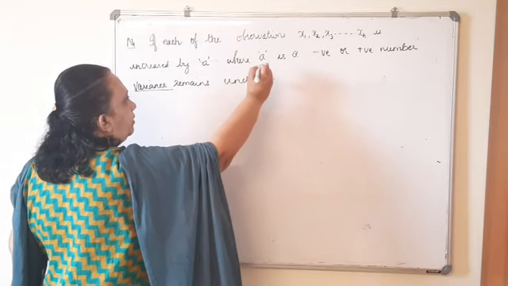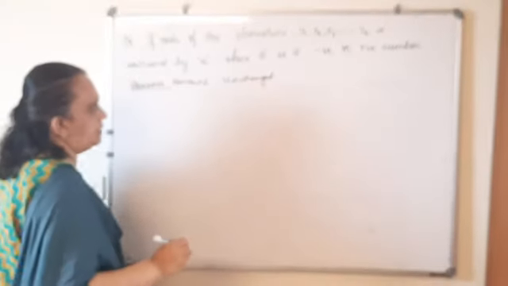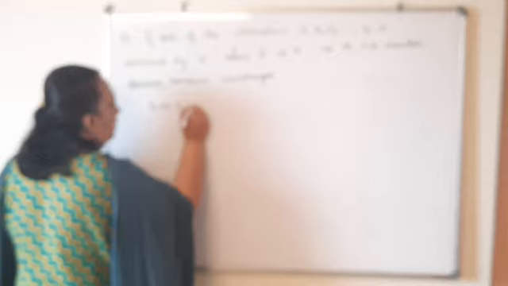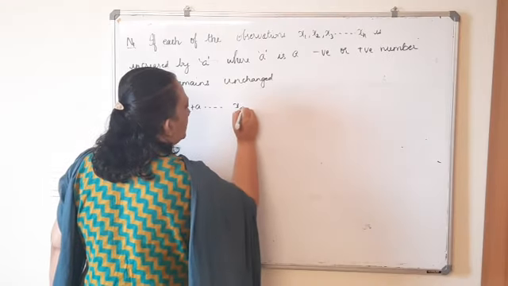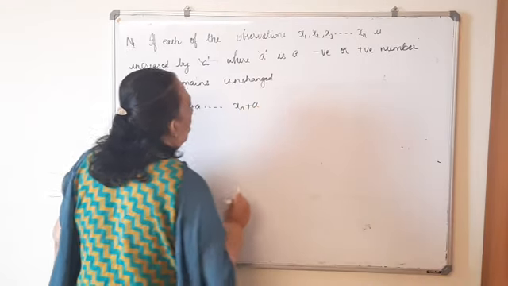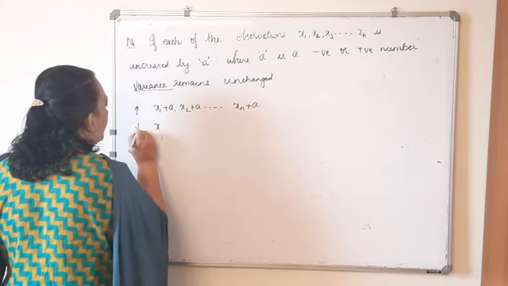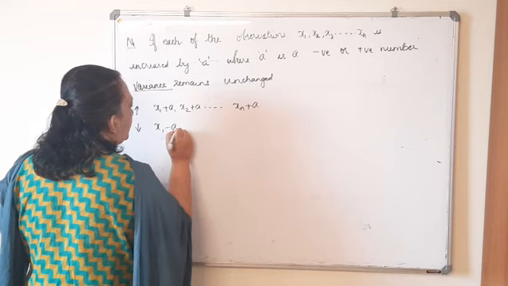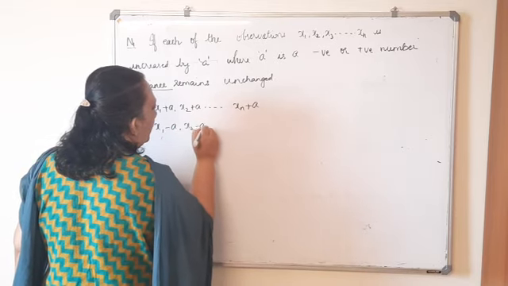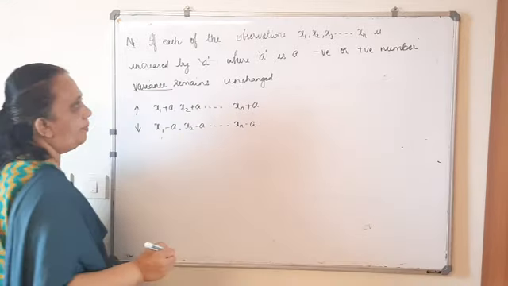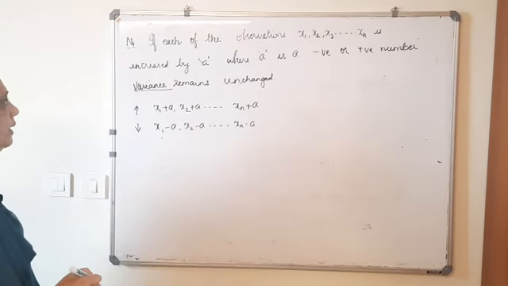Suppose the original values are x1, x2, etc., xn. If it is increased by a, it means x1 plus a, x2 plus a, etc., xn plus a. Or decreased, x1 minus a, x2 minus a, etc., xn minus a, where a is a positive number or a negative number.